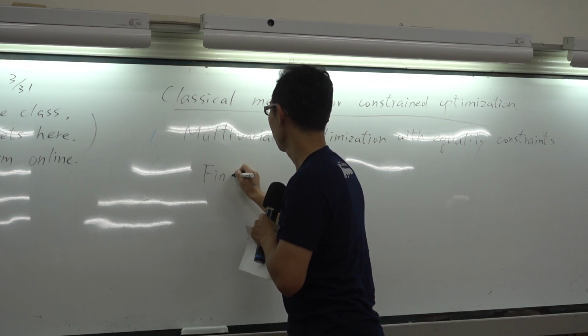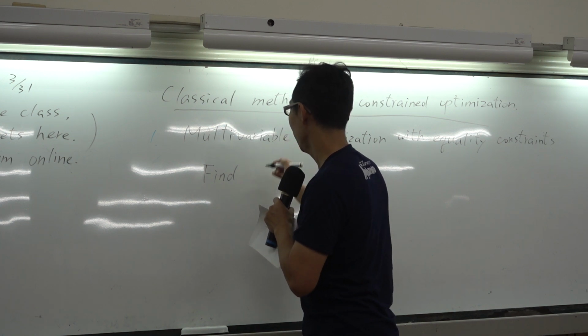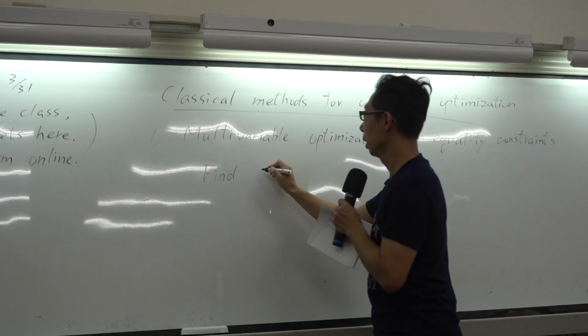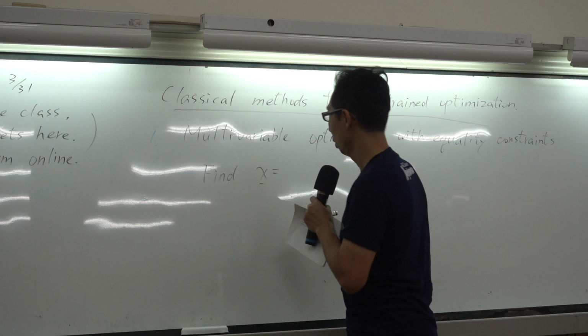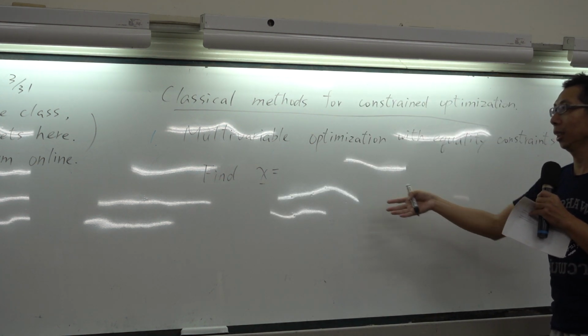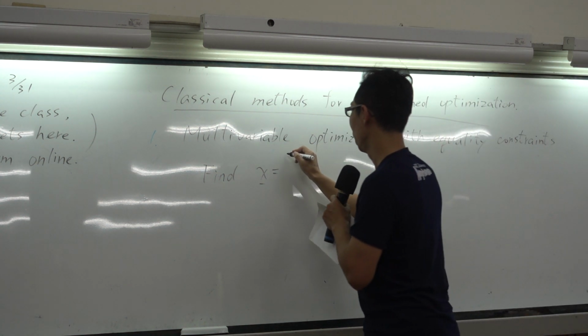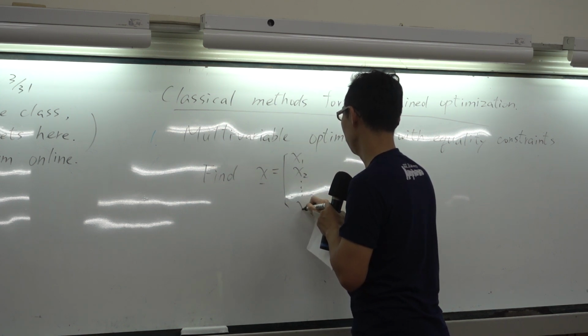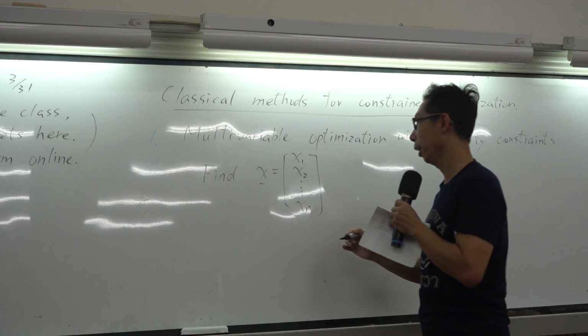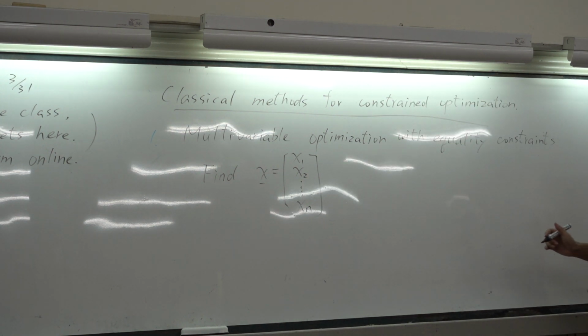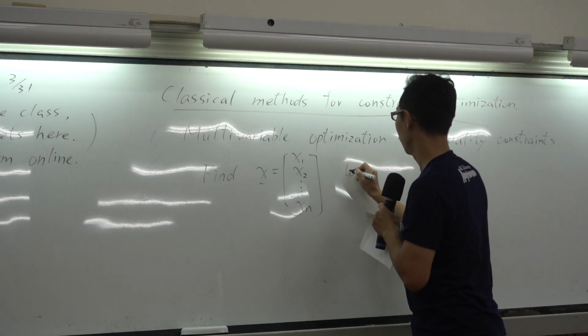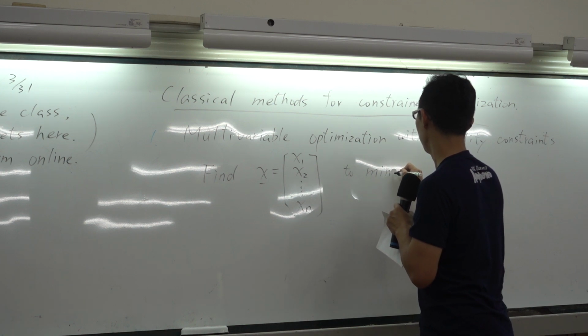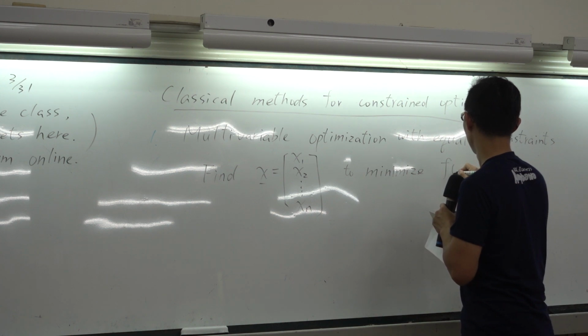We want to find a set of variables, and usually we put all the variables inside a column vector x. Suppose there are n variables. So find x to minimize f of x.